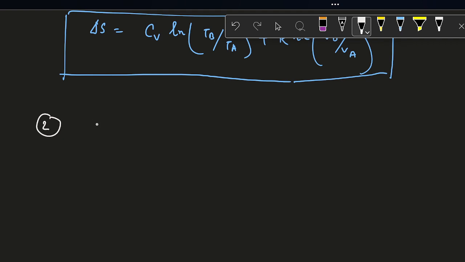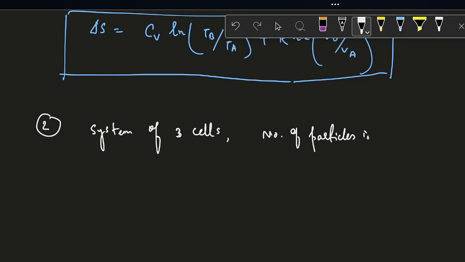Okay, so let us write that down. So we have a system of 3 cells. And let's say the number of particles in those cells have been given as N1, N2 and N3.